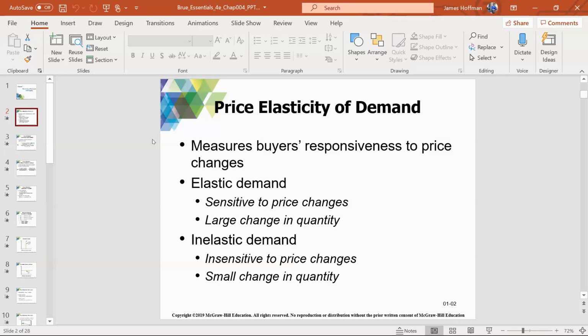You know that the law of demand dictates that when the price goes up, quantity demanded goes the other direction. But this takes it one step further and looks at the reactiveness, or the percent changes of demand to price changes.